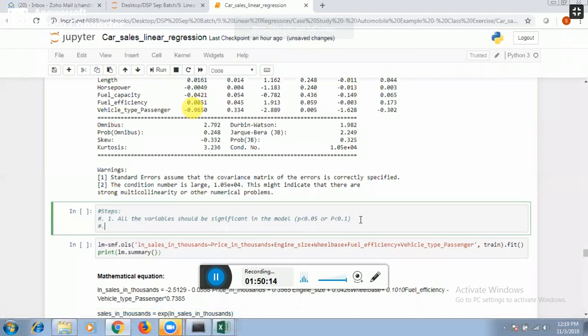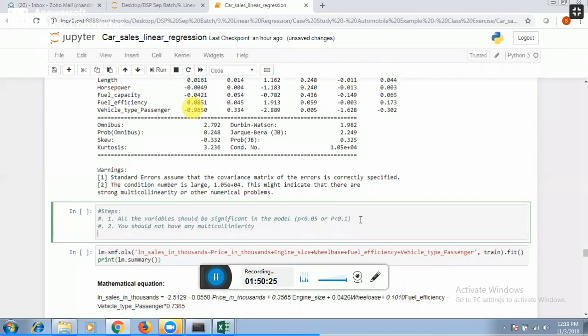The second thing is you should not have any multicollinearity. I will tell you what that means. The third thing is, basically what I mentioned, include transformed variables based on the linearity assumption. Correct?